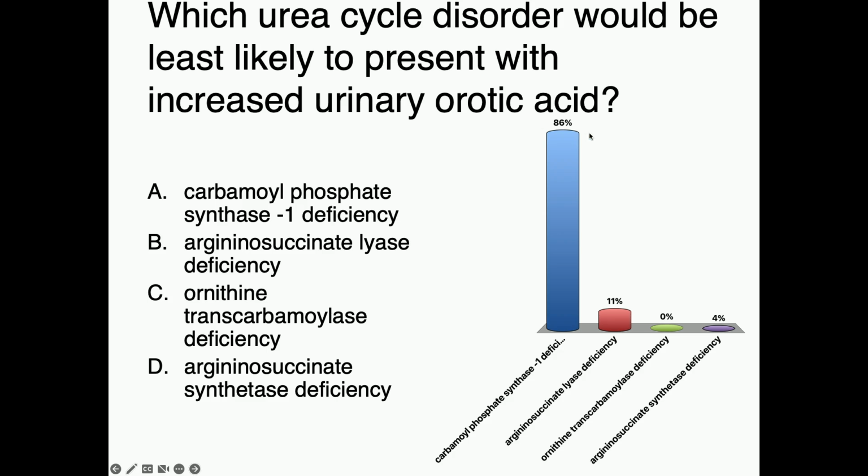So carbamoyl phosphate synthase 1, that's the enzyme that makes carbamoyl phosphate. So if you're not making it there, it can't leak out into the pyrimidine pathway.